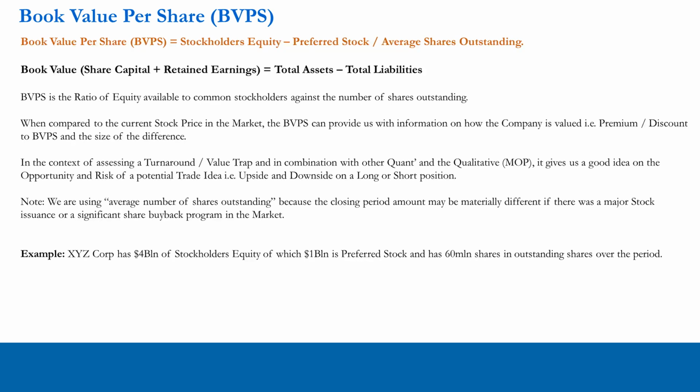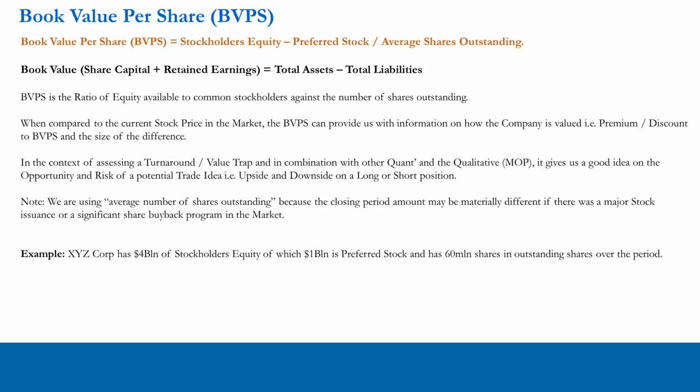As a side note, by the way, for our calculation, we are using the average number of shares outstanding because the closing period amount may be different if there was a stock issuance or a share buyback program in the market. Now, we can run through an example here of book value per share.